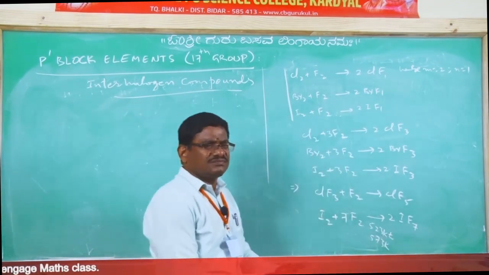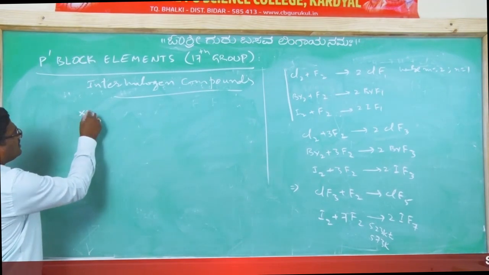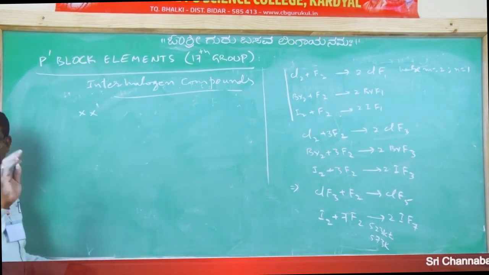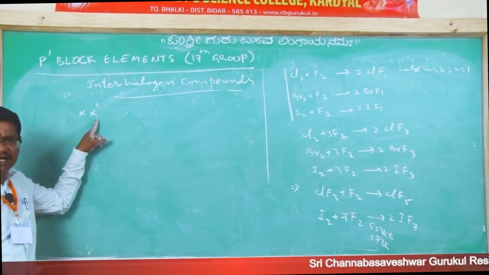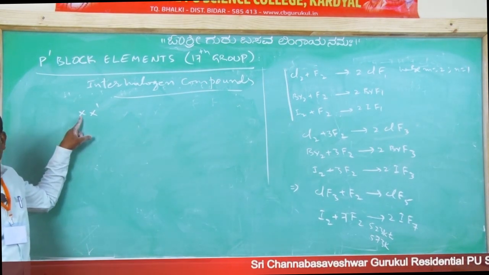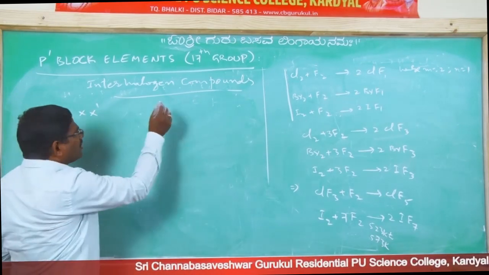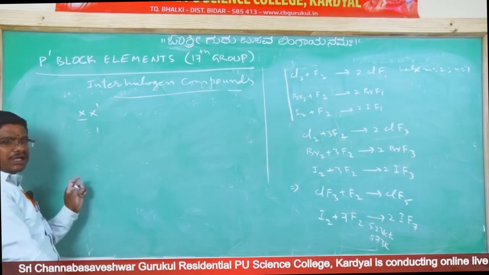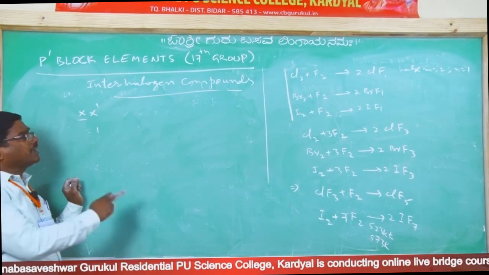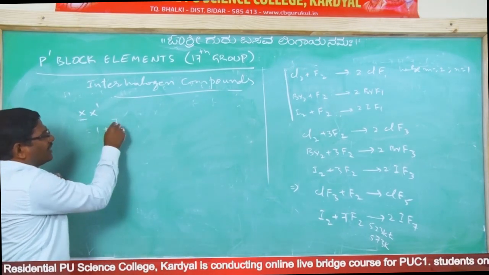geometry. Again here, like oxo acids, let us check XX dash. No confusion. X is the central atom, X dash is the attached atom. Or X is the larger atomic size, X dash is the smaller atomic size. Similar to oxo acids, this X is a central atom. Around it how many atoms are attached? Only one atom attached, plus the group number of X, halogen is 7.